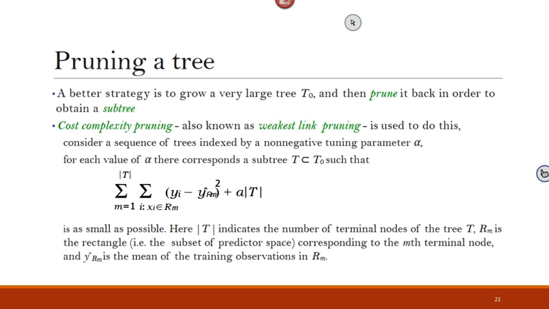So, to put it in an equation, our objective is to minimize the residual sum of squares in all of the regions, but then we will add a penalty term to penalize the tree size.